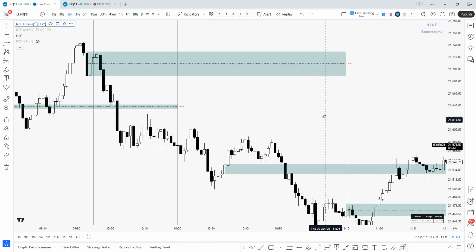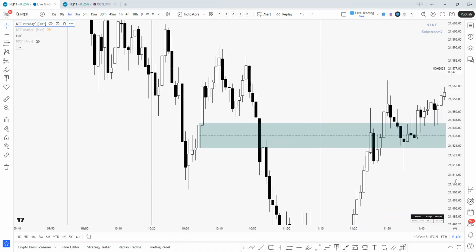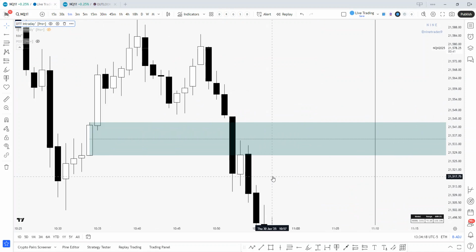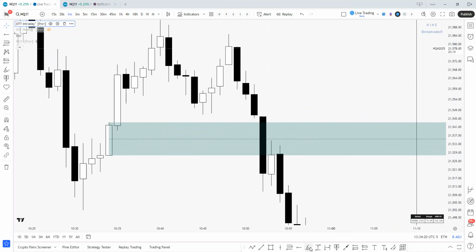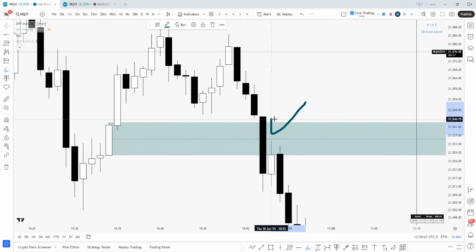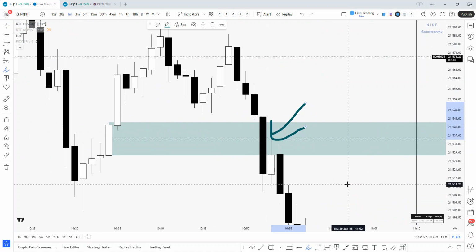So trend continuations. If I were to zoom in here, what do you guys see here? Before I say anything out loud, this little pop quiz, what do you guys see there as far as what I referenced earlier?